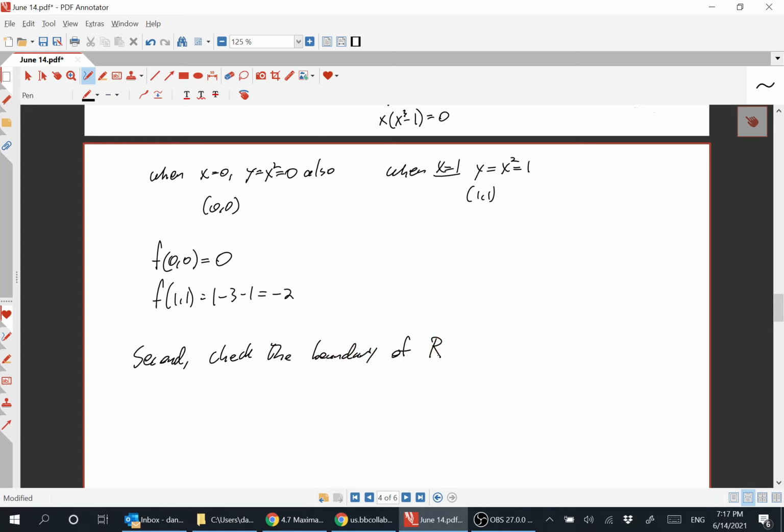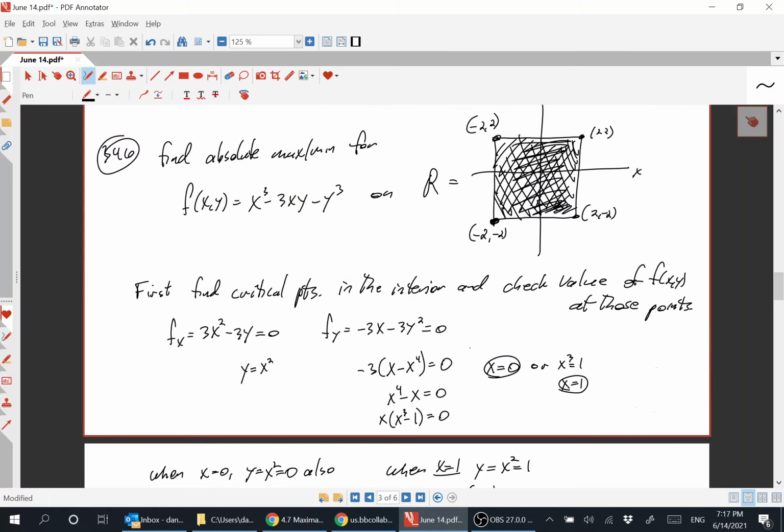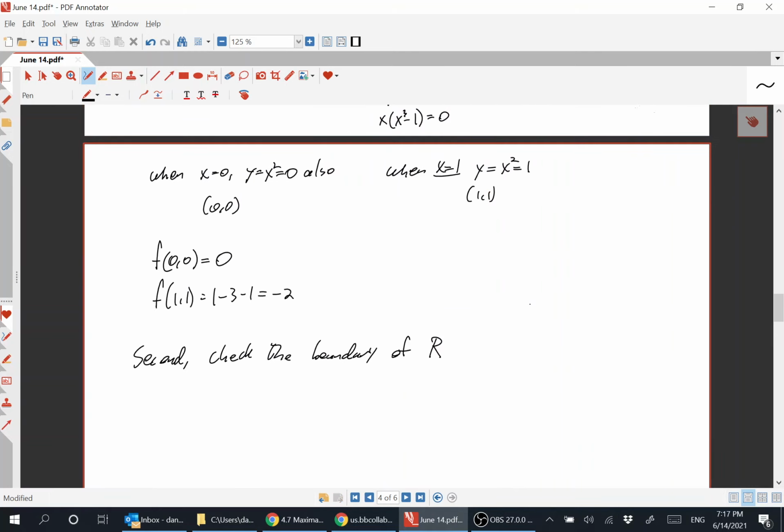Of R. Okay, and the boundary is this square. So the square here consists of 4 sides.